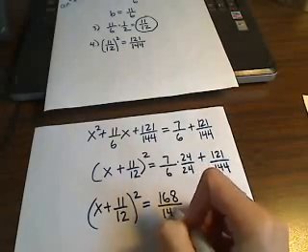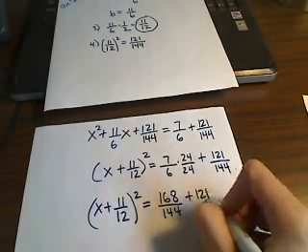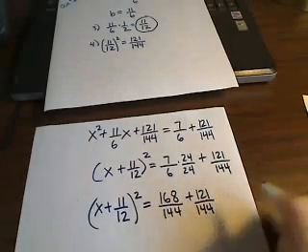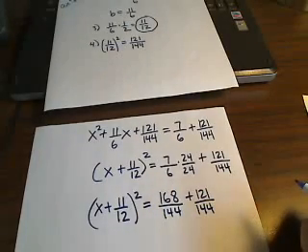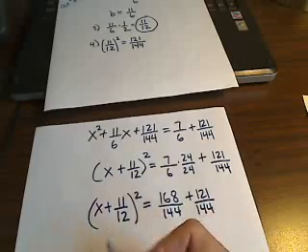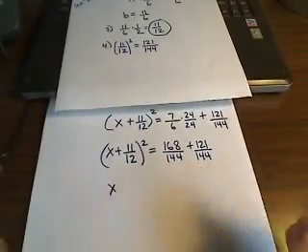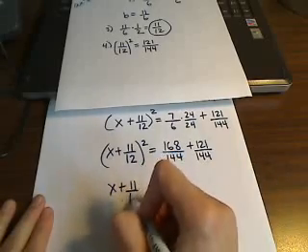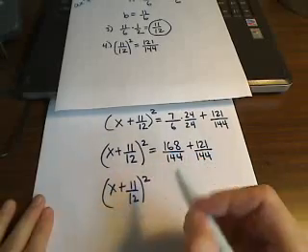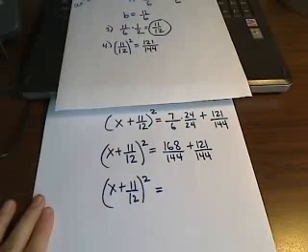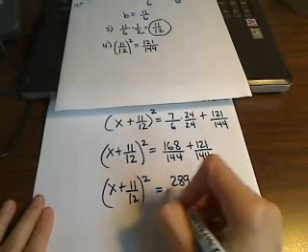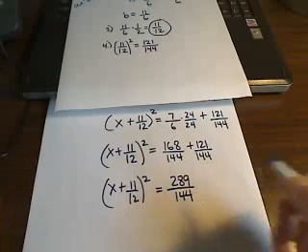We have over 144, and then plus 121 over 144. Okay, and then now I can bring my numerators together. So this is x plus 11 twelfths, whole thing squared, equaling 168 plus 121, which is 289 over 144.